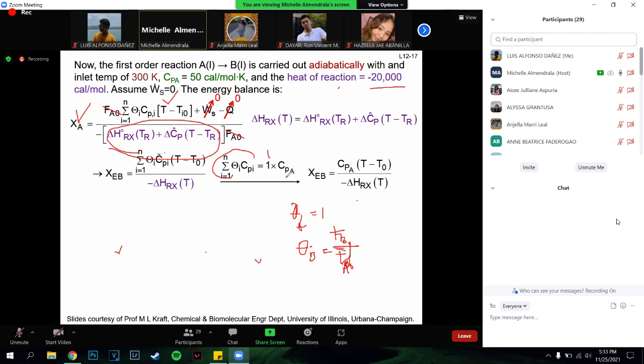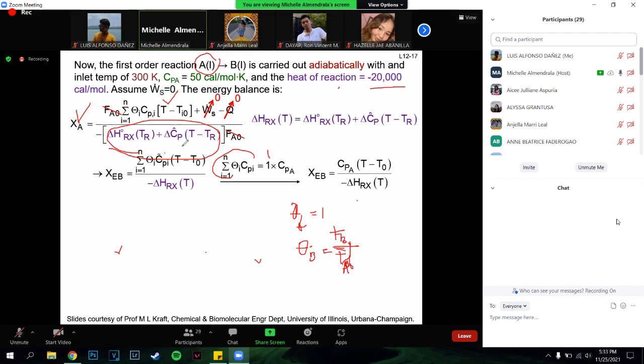So therefore, for CP of A, which is 50 calories per mole. Sorry, A is our only reactant, so there's only one, which is 1 pi.